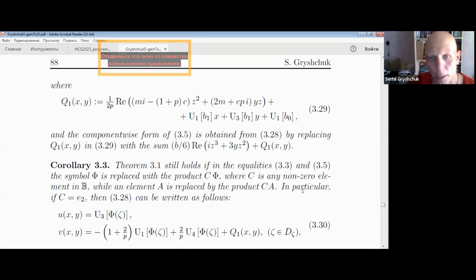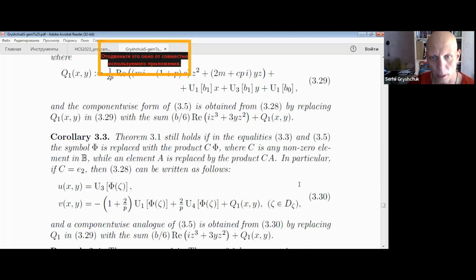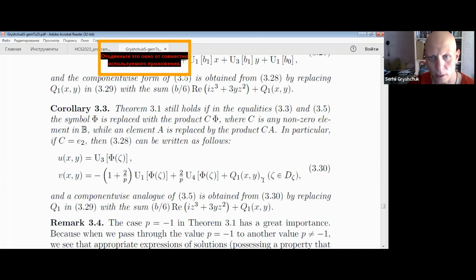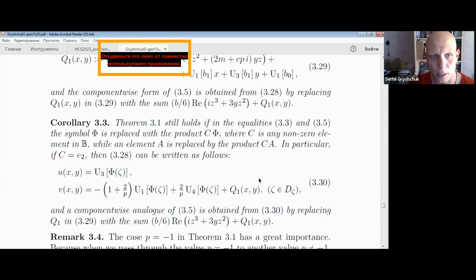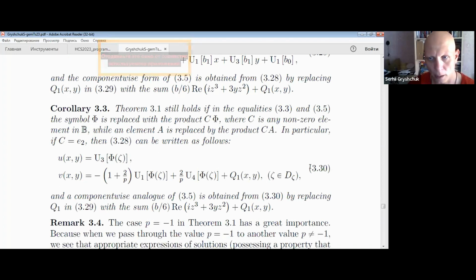Because if we multiply any monogenic function by any non-zero element of the algebra, we also obtain a monogenic function. So taking a fixed element, we consider different formulas. For example, if we take for C the second element of the biharmonic basis, we can see the formula for our solutions in the form 3.30.